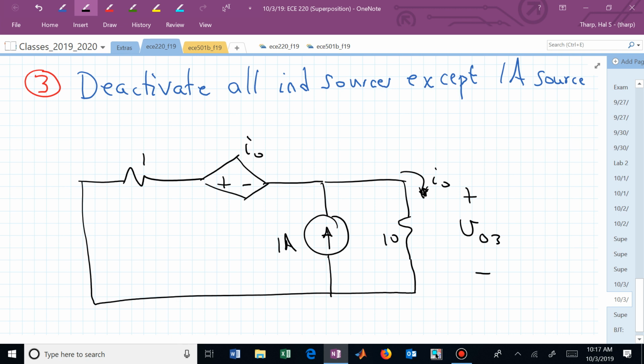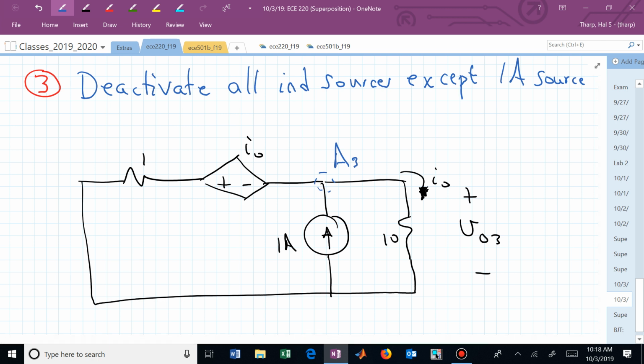How might we analyze this? We had quite a bit of luck with applying KCL at that node before. Let's try it again.